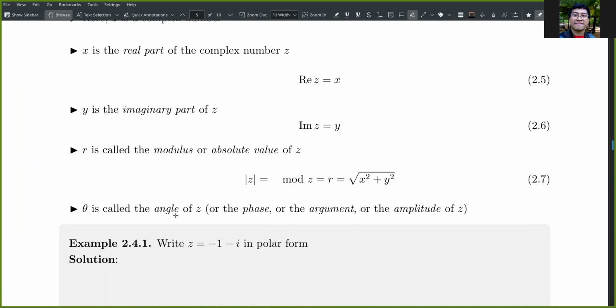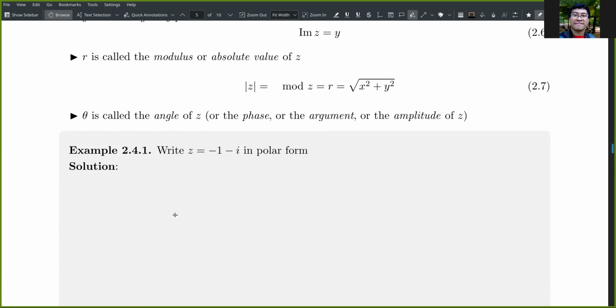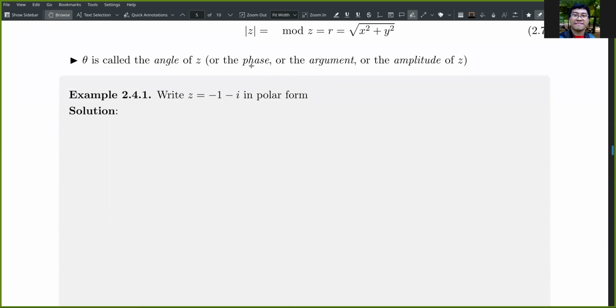And theta is the angle of z. It's also called the phase, argument, or the amplitude.